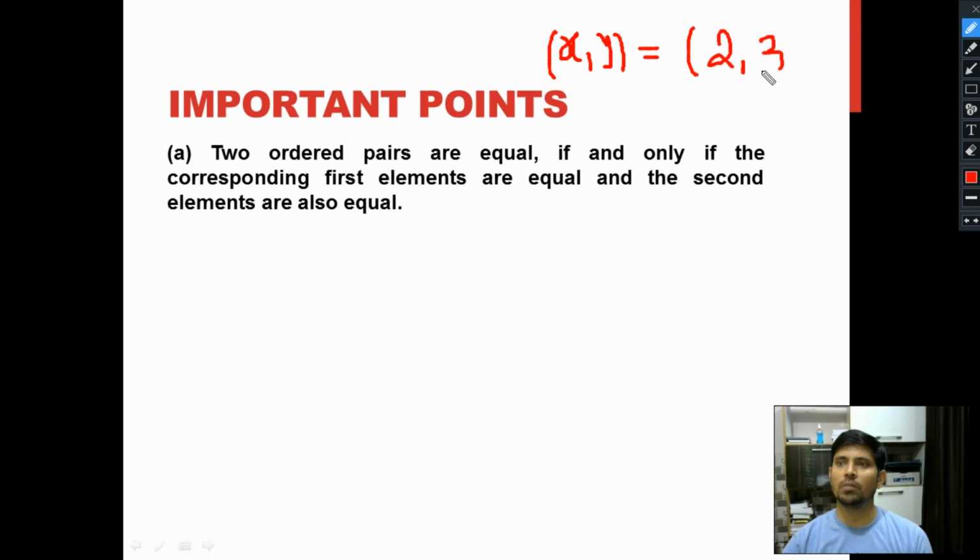This implies that the first element x equals 2 and the second element y equals 3. This is the meaning of the first statement. If two ordered pairs are equal, then the first element equals the first one and the second element equals the second one. Now see the next one.